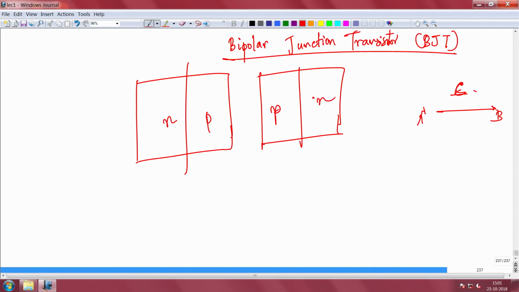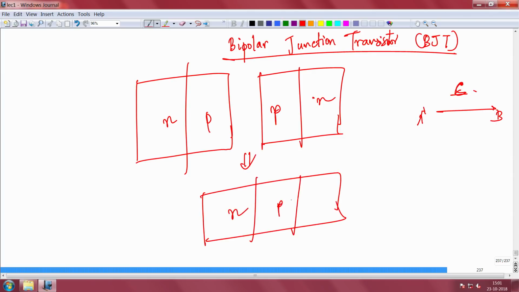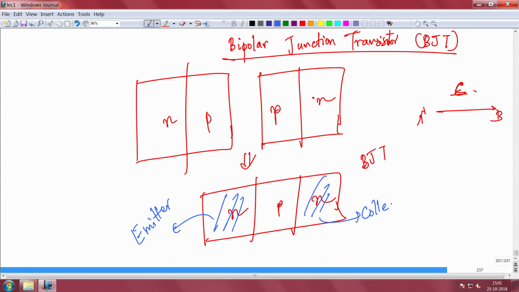You join them together and make one, which looks like NPN. This is the basic structure of a BJT. This layer is called the emitter, that is the terminology. This is called the collector, and this is called the base.